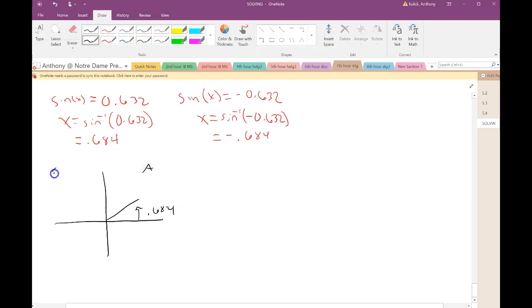So again, all silly turtles crawl. Sine is also positive in the second quadrant. I know that this reference angle is the same. So the angle I'm looking for is going to be 180 or pi minus that angle 0.684.